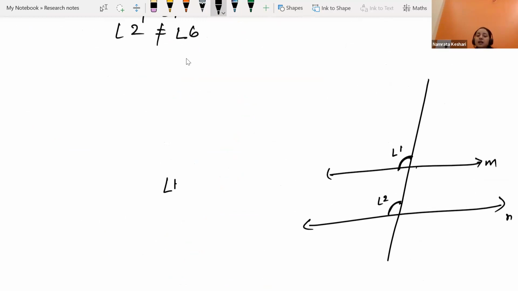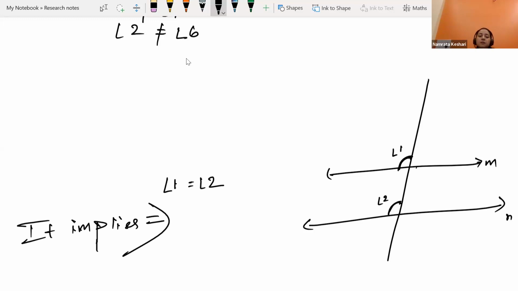I'm saying that angle 1 is equal to angle 2. Then you can say automatically it implies that these two lines must be parallel. Am I making sense to all of you? Yes, ma'am.